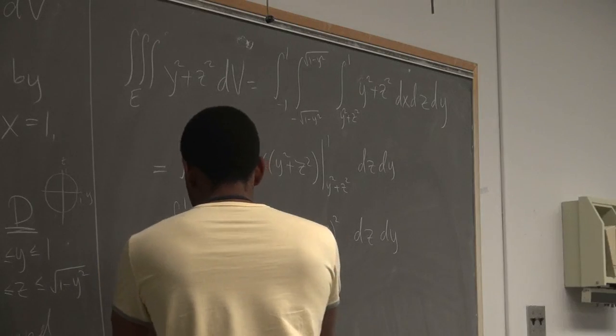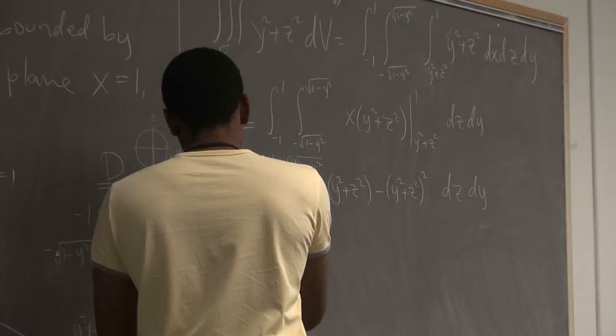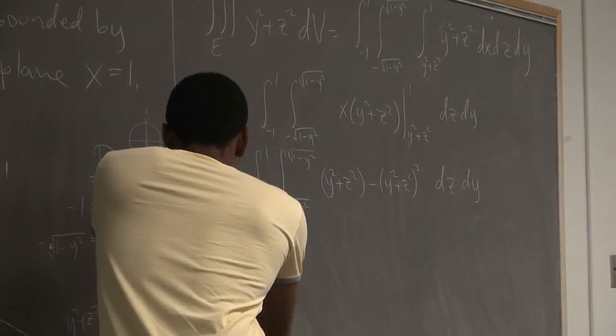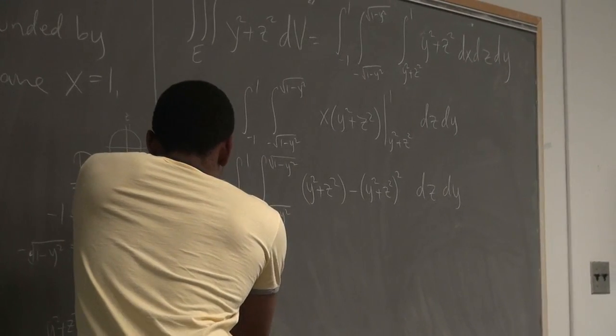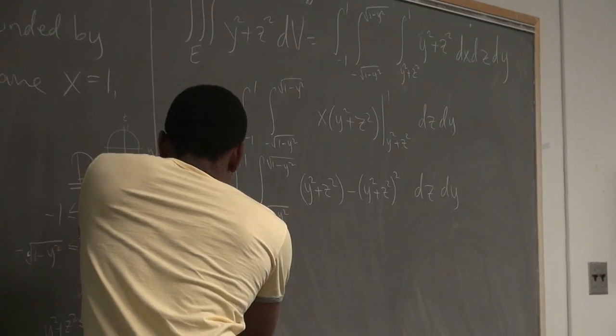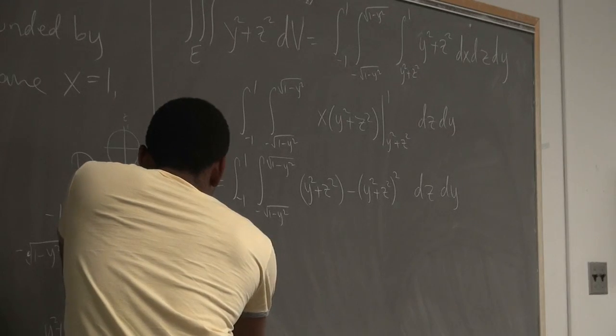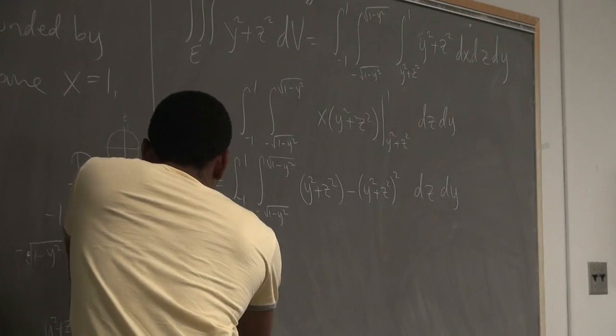So let's do this in polar, with, let's say, y equals r cosine theta and then z equals r sine theta. So that y squared plus z squared equals r squared.